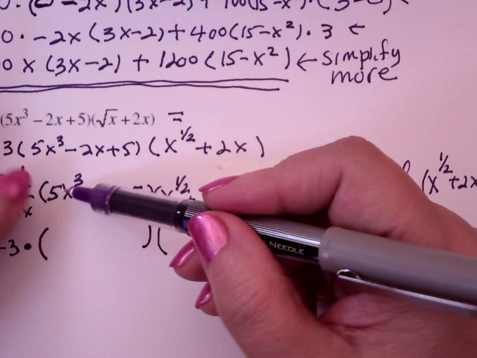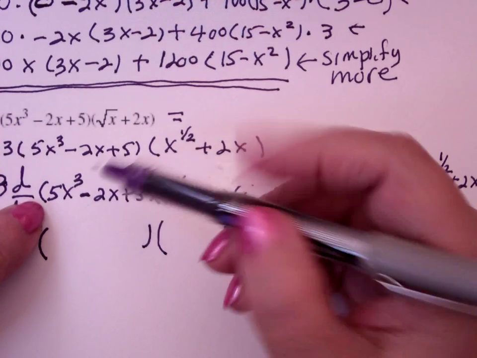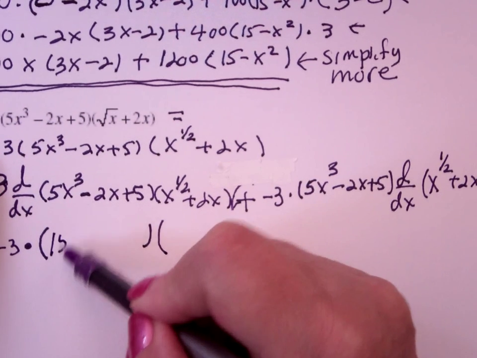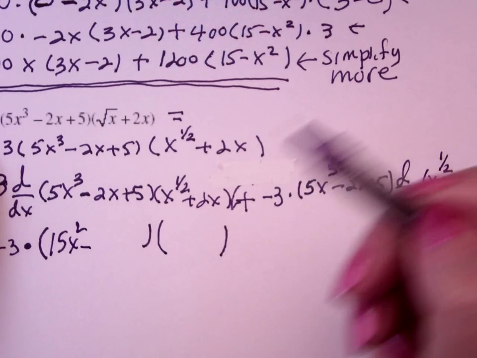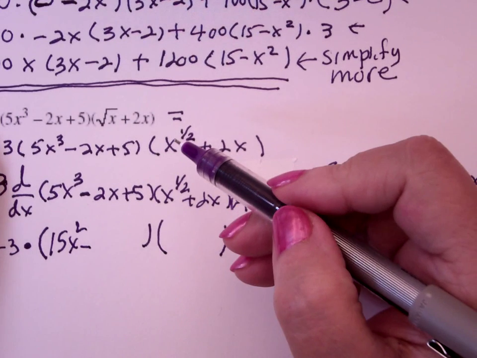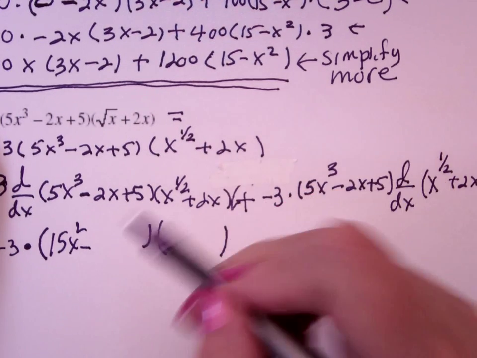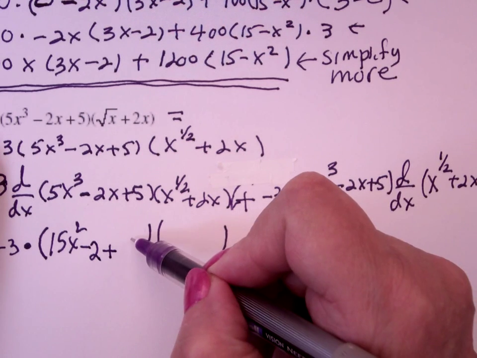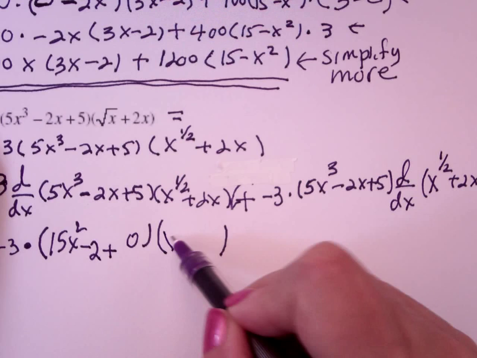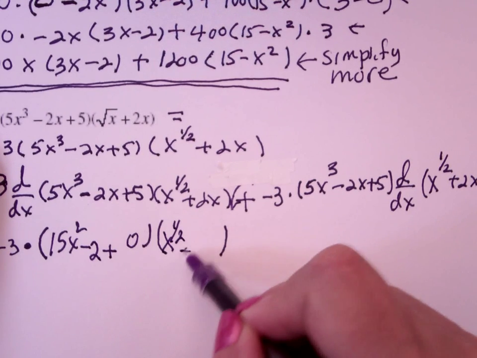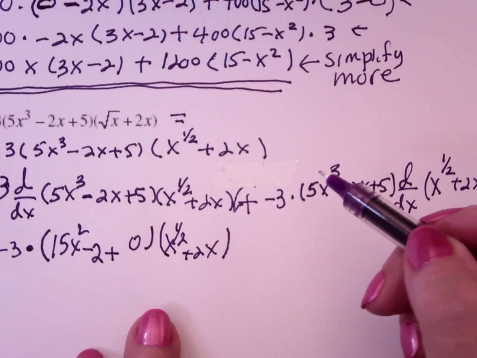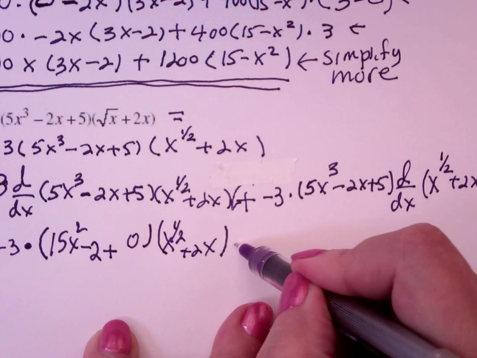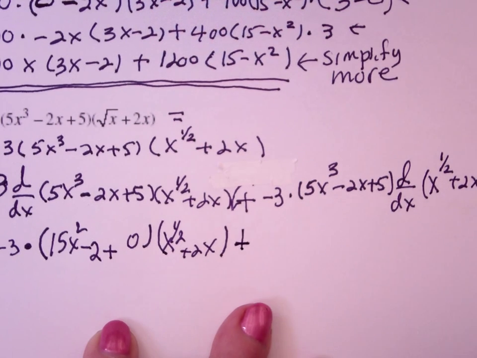So, we said the derivative of 5x cubed is 15x squared, minus the derivative of negative 2x, which is negative 2, plus the derivative of 5, which is 0, times the second. By the way, I don't normally write 0 in there, but we will for the time being.